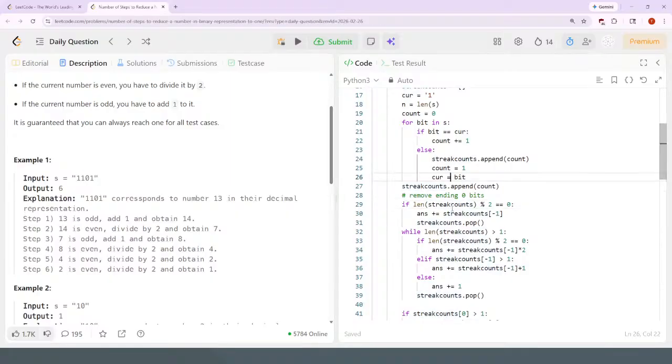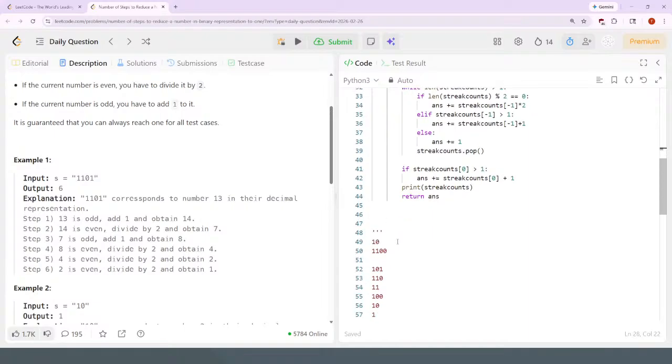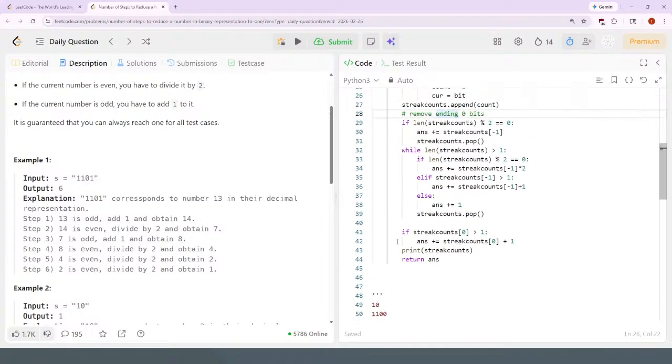So I think it should be based on processing two streaks at once, the ones and the zero streaks.